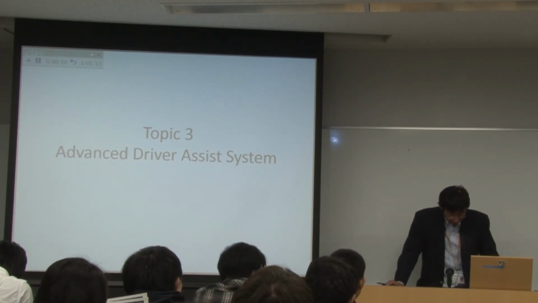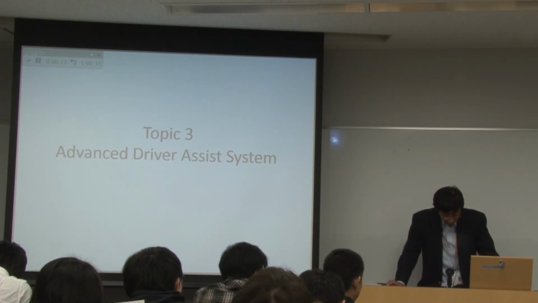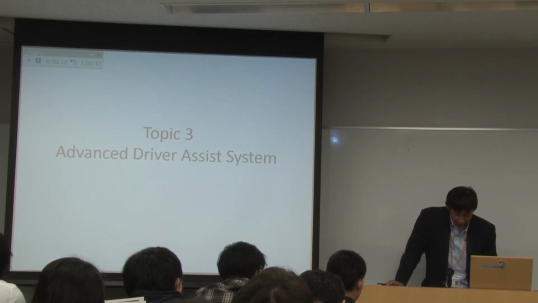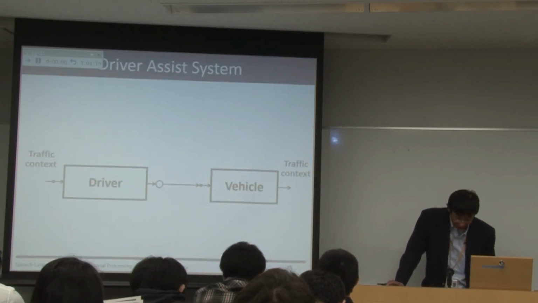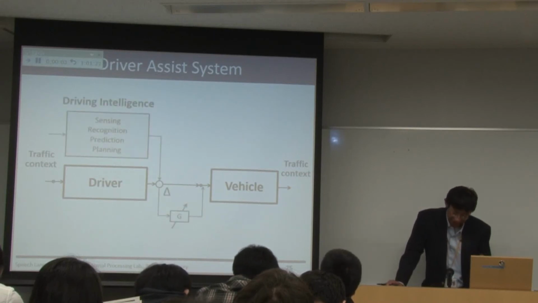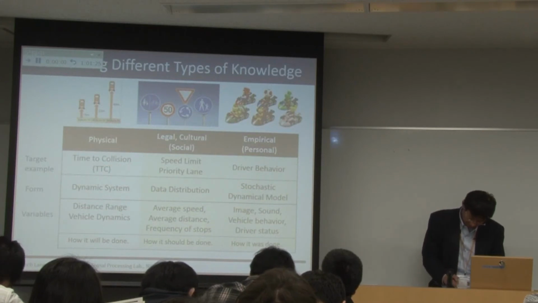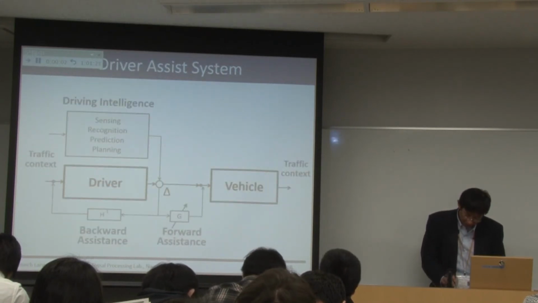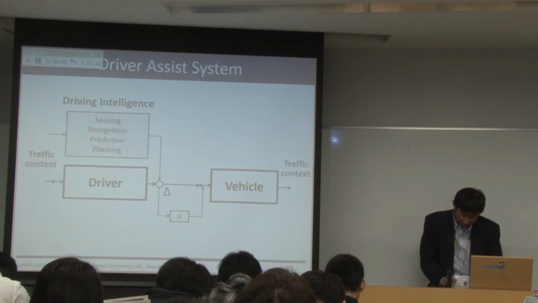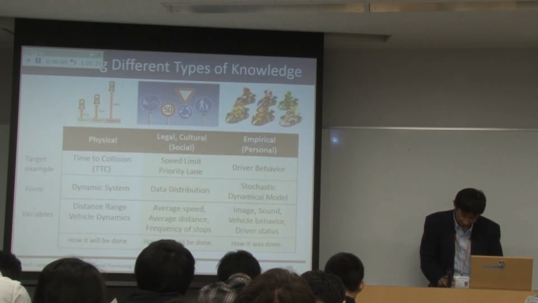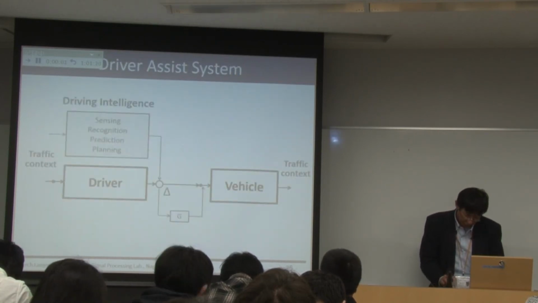Therefore, I just would like to ask you about your ideas on the future direction of our research. Okay, so so far we can build a good mechanical system which is controlled by software.